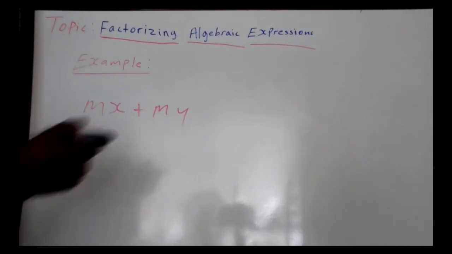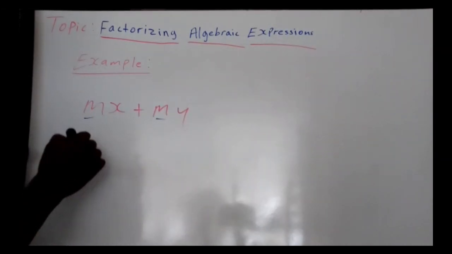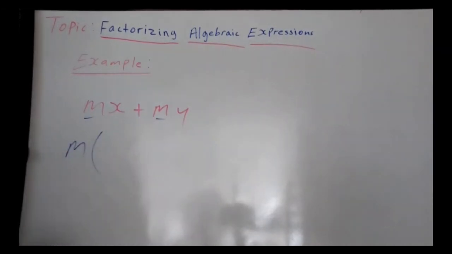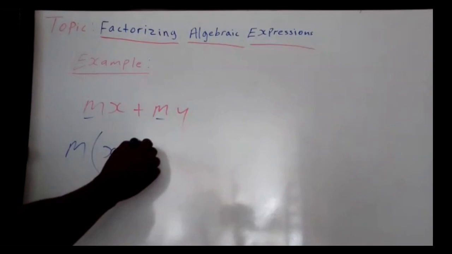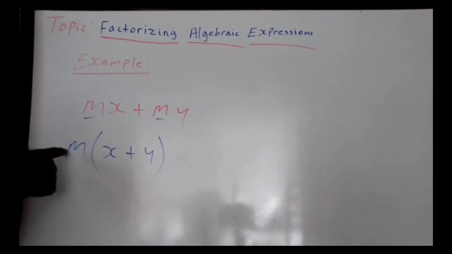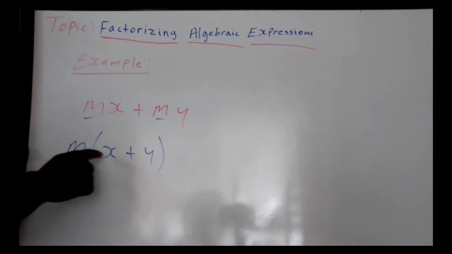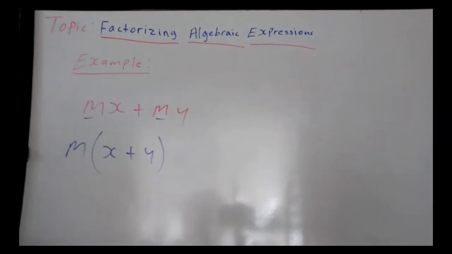We know that we have an m here and an m here. Therefore, we write the m outside, open bracket, so we have x plus y. And if we multiply this m by everything in the bracket, we should get the same thing that we started out with. So this is how we factorize algebraic expressions.